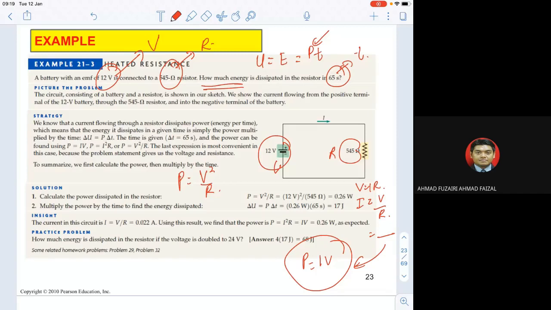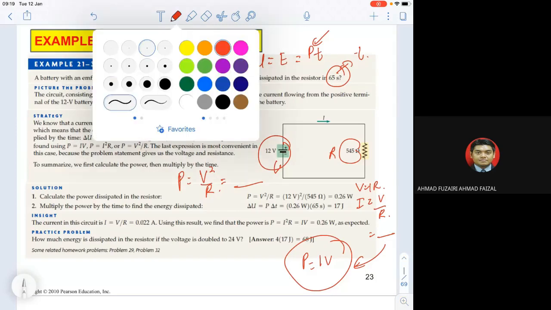So V squared over R gives the P, and of course times T, 65 seconds. So the answer should be 17 joules. This is a very good example of how you can determine and get the value.